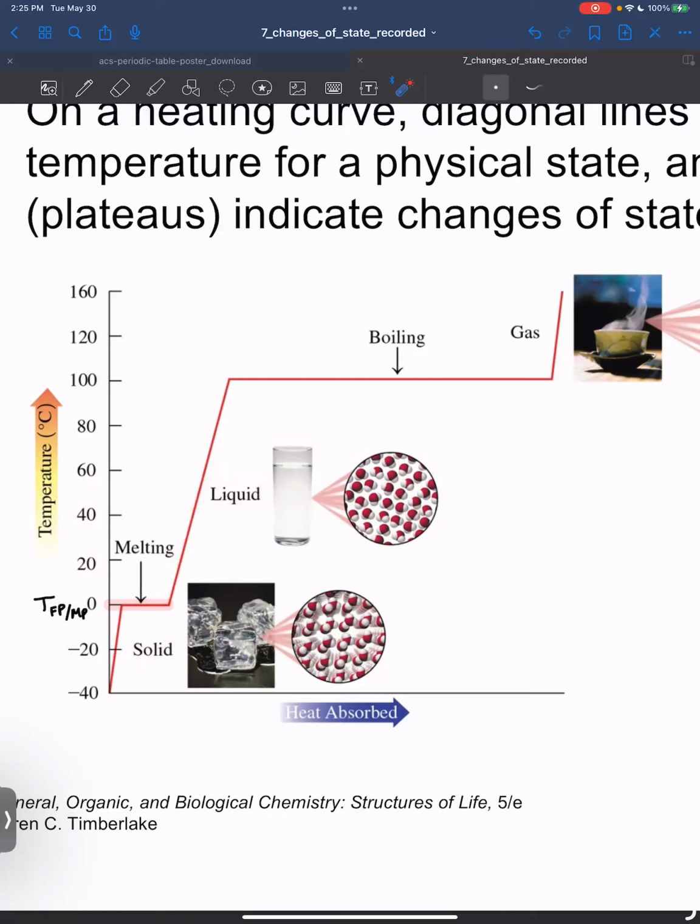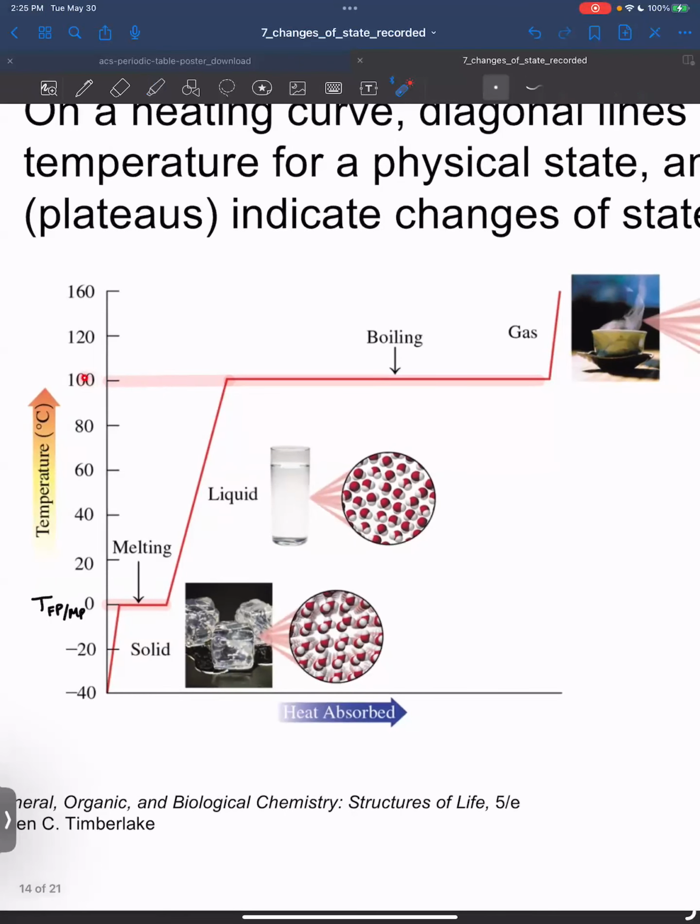And then when you hit your next plateau, this will tell you your boiling point here, where it intersects the temperature on the y-axis. In this case, once again, this is 100 degrees, same as the condensation point.